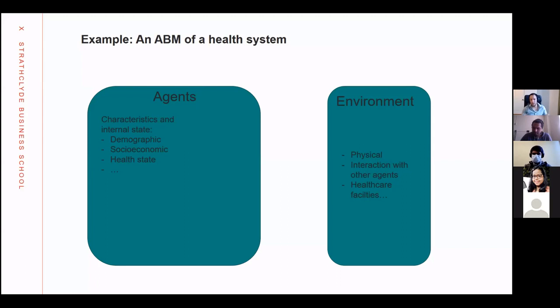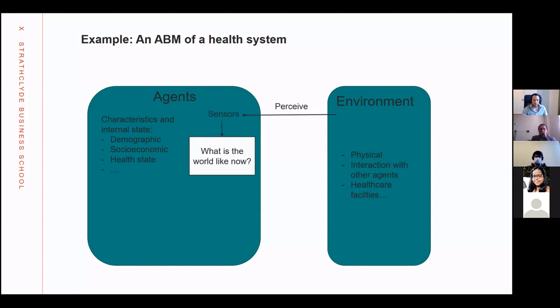That might be a physical environment, so we might describe it in detail, with different locations. The environment is also described by interactions with other agents as well as healthcare facilities potentially in this model. Now, the agents perceive that environment, so they see what's going on in their nearby environment through sensing. They sense what the world looks like right now.